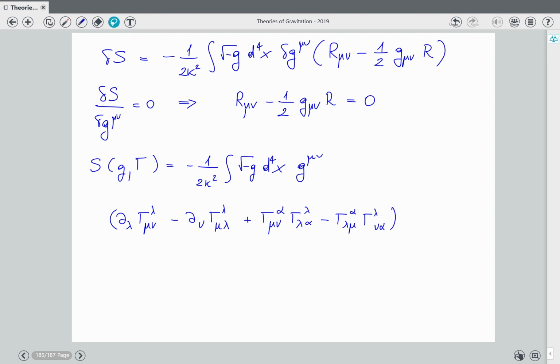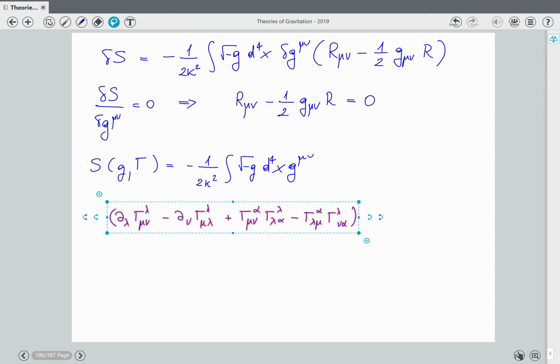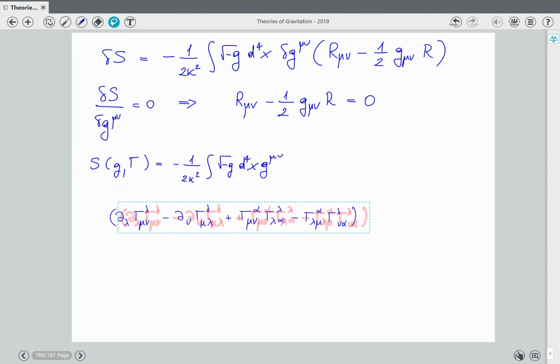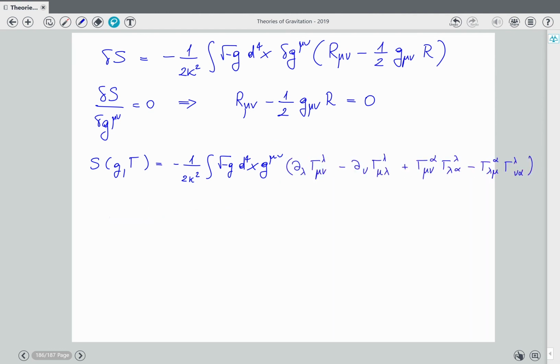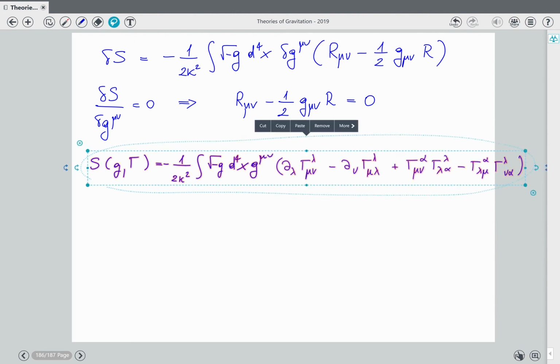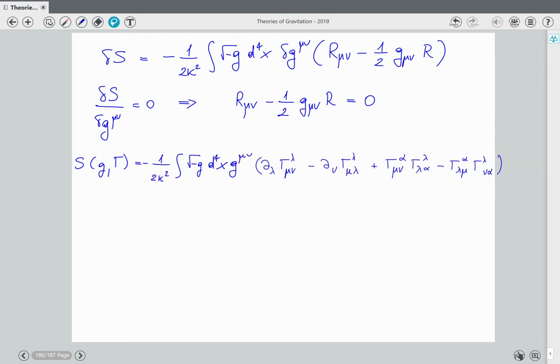Let's see if we can have it in one line. No, can't. Yes, we can.